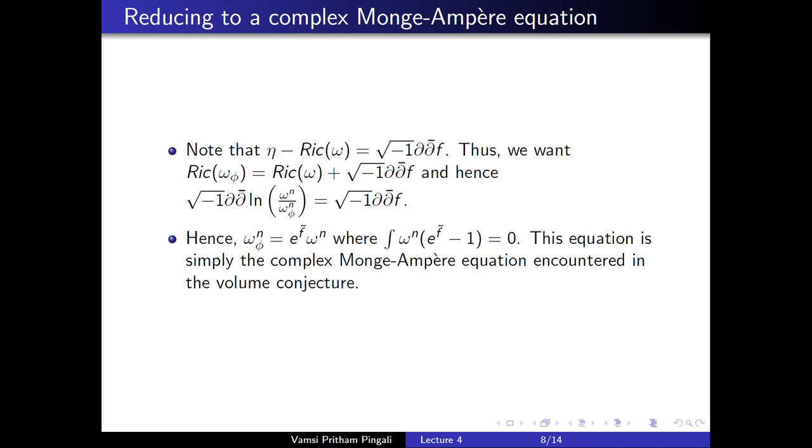But we recognize this equation, don't we? It is simply the complex Monge-Ampere equation encountered in the volume conjecture. Okay, so the volume conjecture's importance stems from the fact that this Calabi conjecture can be reduced to that.